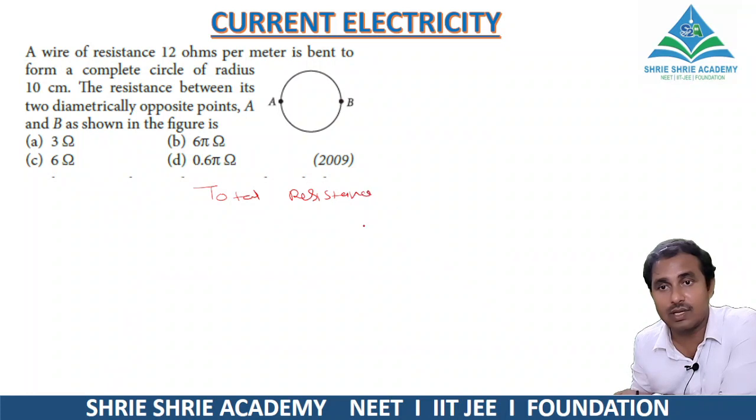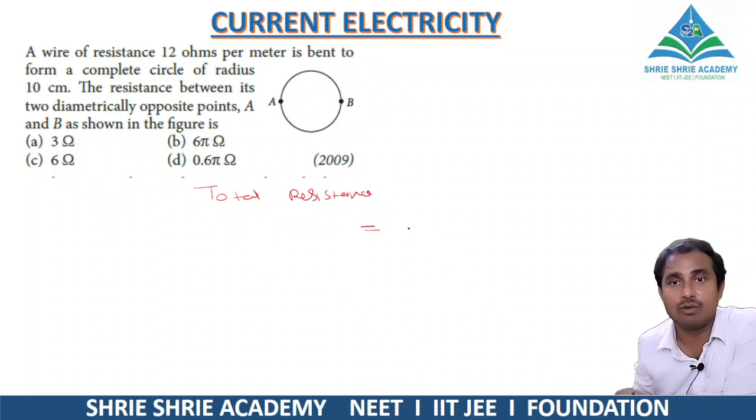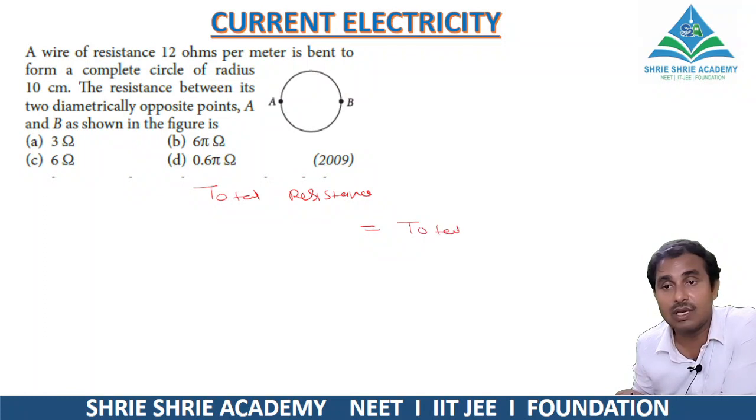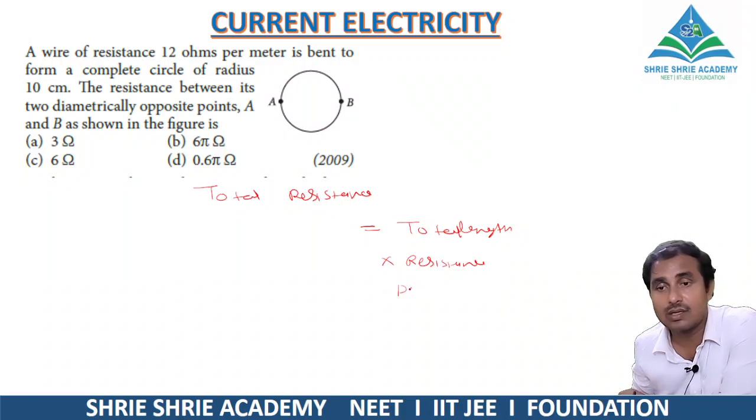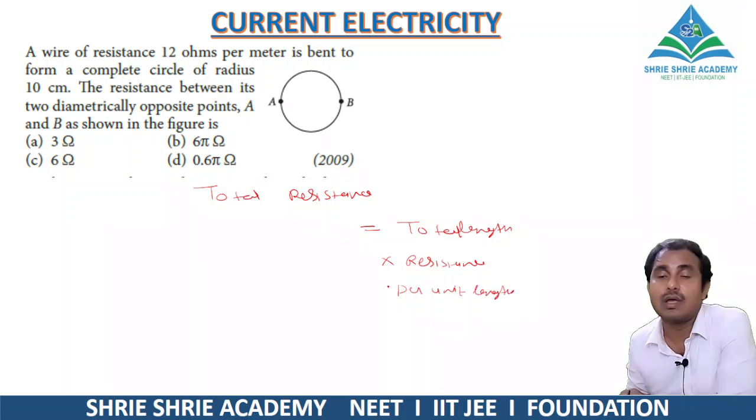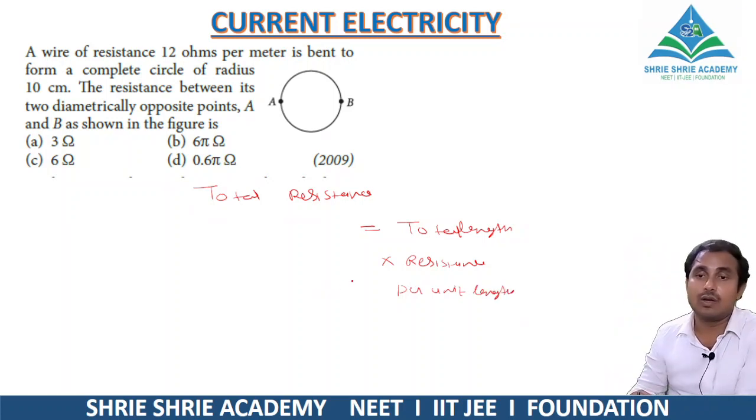It is given as resistance per unit length, 12 ohm per meter, which means you have to find the total resistance, that is total length into resistance per unit length.